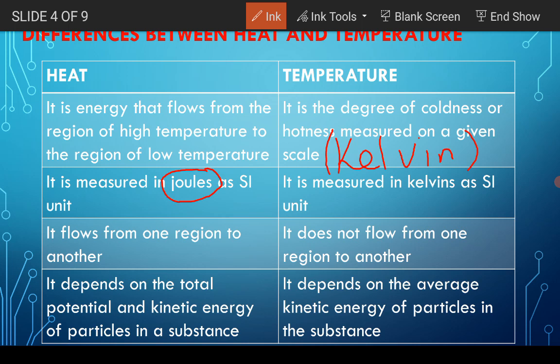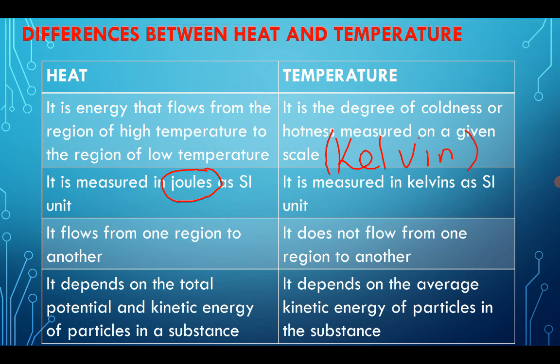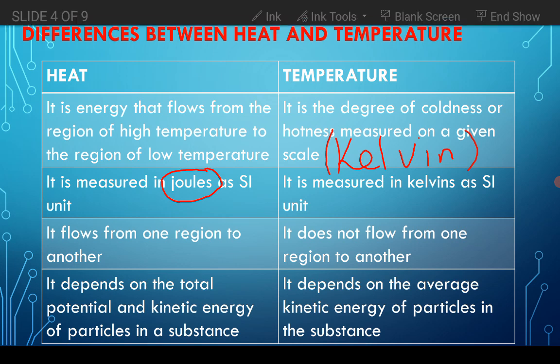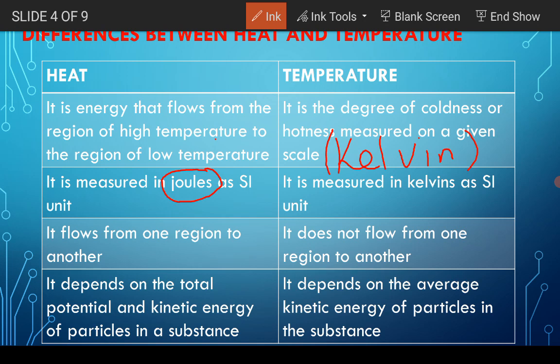So one difference is that in terms of their SI units, heat is measured in joules, while temperature is measured in kelvins. In an exam, you can use the definitions of the two terms to show their differences and get a mark, but you can also state their SI units. Again, you gain a mark for that.